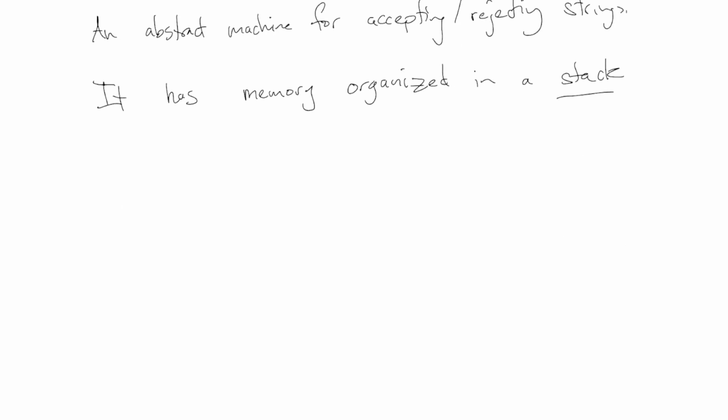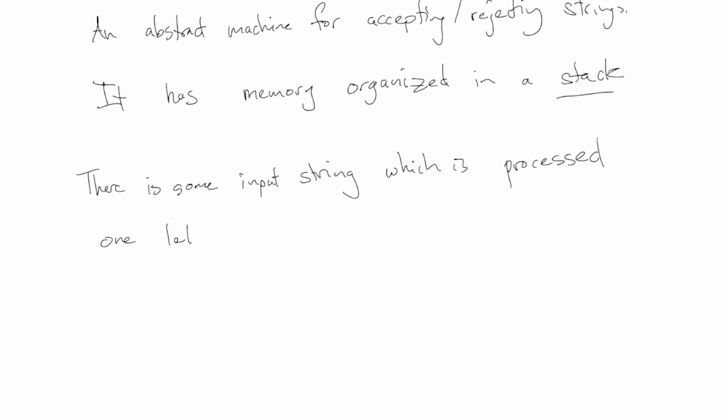Actually, before we get to that, let me just say some more basic things here. As usual, there is some input string, and you give the string to the machine and it does a bunch of stuff, and then at the end tells you if it's accepted or rejected. The input string is processed just like an NFA or DFA, one letter at a time, and as usual, I'm just going to say left to right.